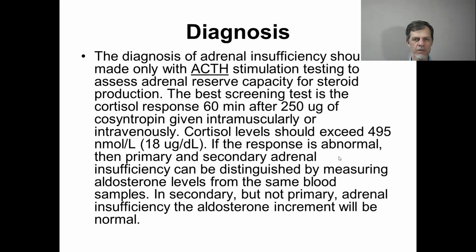Aldosterone is a mineralocorticoid, and ACTH stimulates only glucocorticoids, cortisol, and that's why in secondary adrenal dysfunction, cortisol level decreases, but aldosterone levels remain the same, because it's stimulated by angiotensin II mostly.